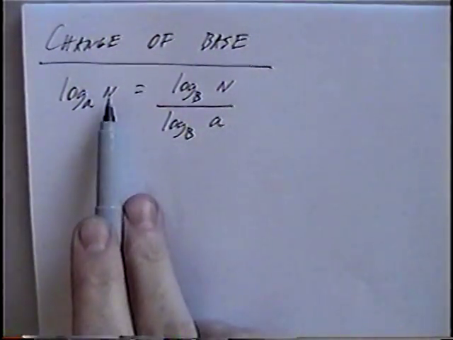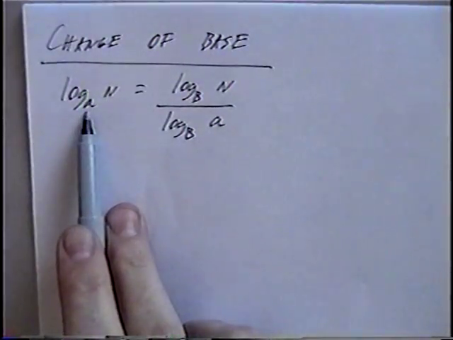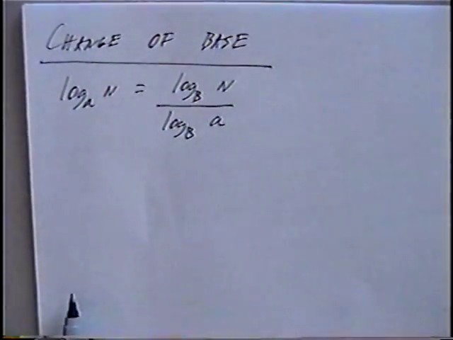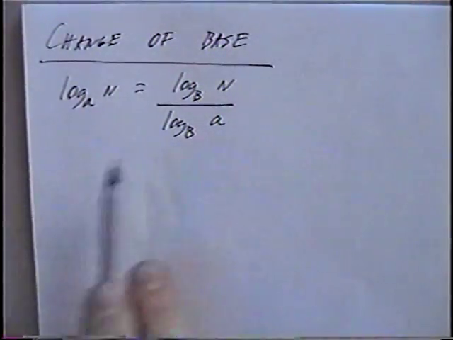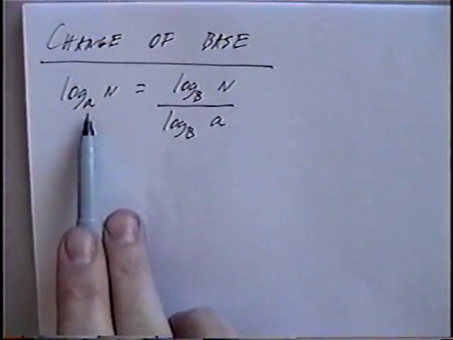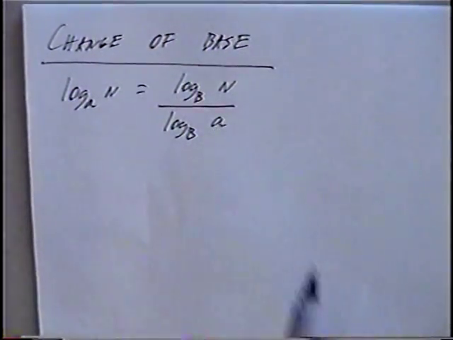Any log with a number or a term and a base, you can split that into a fraction using any base you want. Normally you'll use base 10, the standard base, and the n goes on top of the fraction. The base a goes on bottom of the fraction.